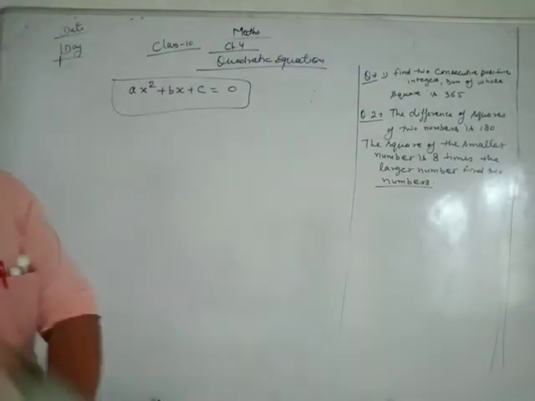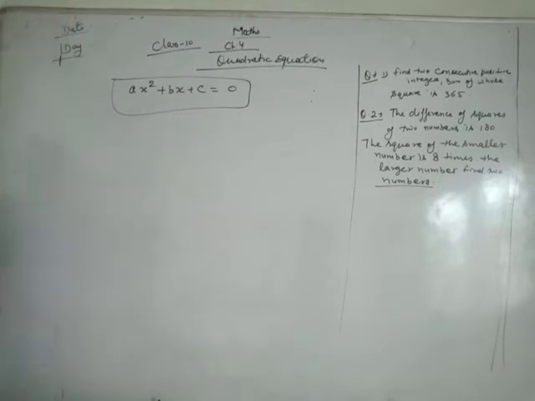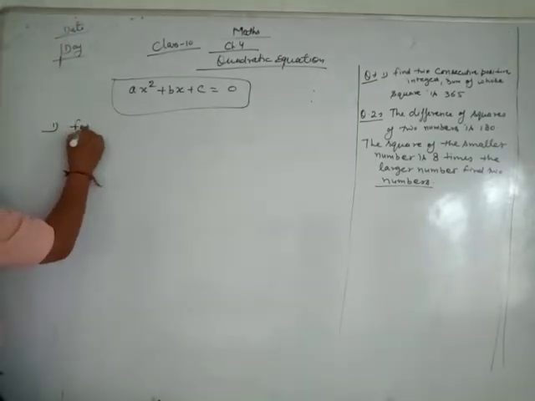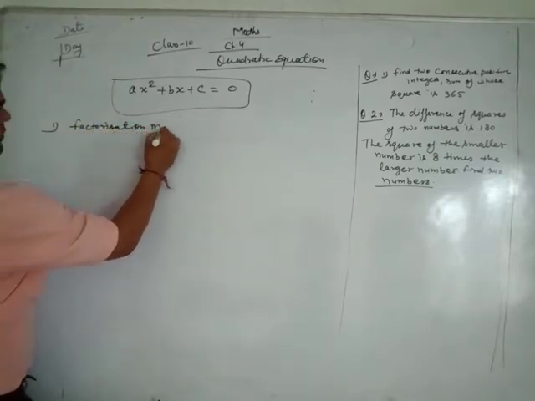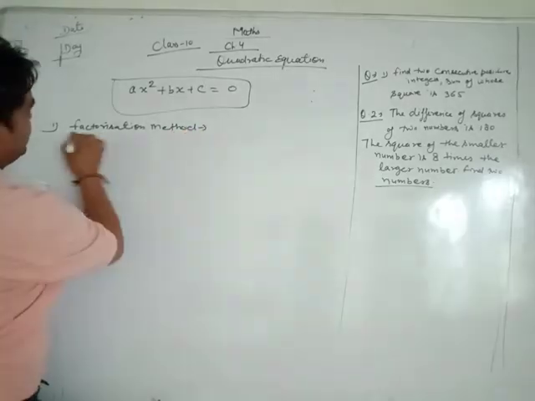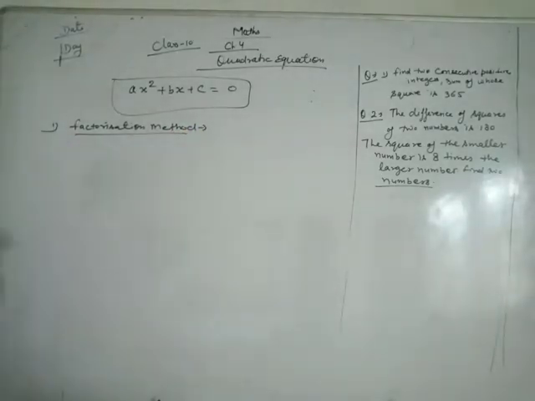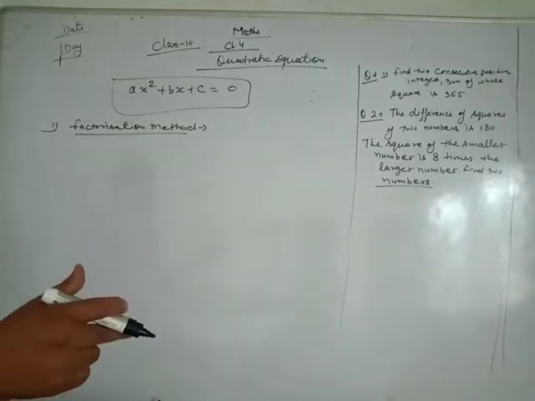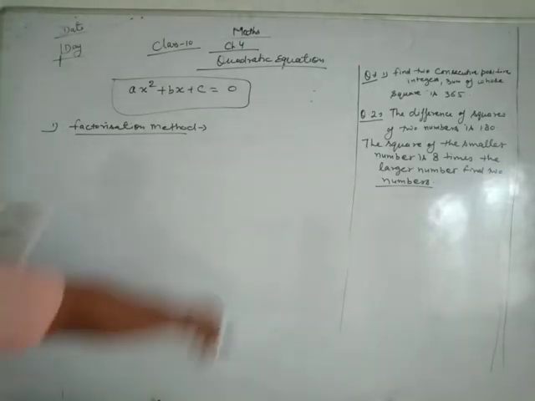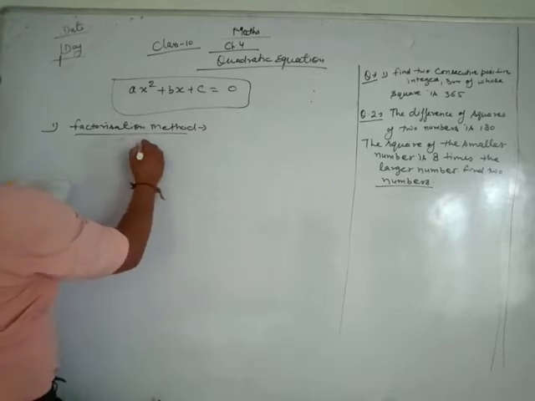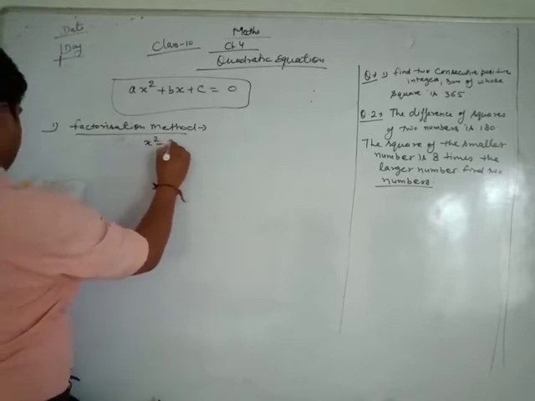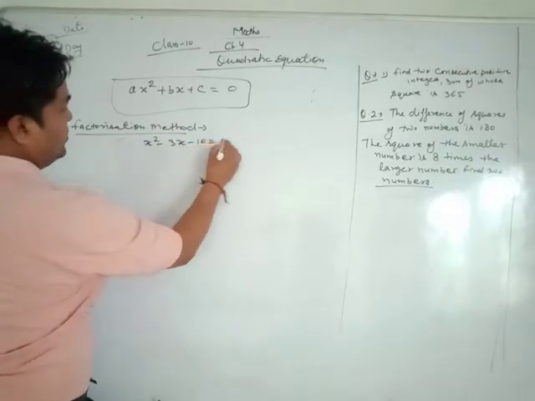So the first method is the factorization method, which you have also used in 8th and 9th class to solve quadratic equations. Now the question is x square minus 3x minus 10 equal to 0.